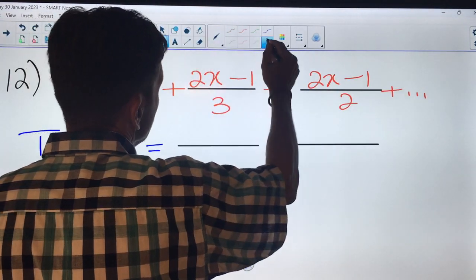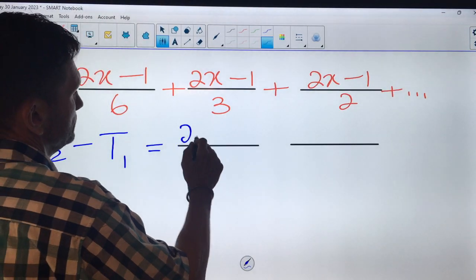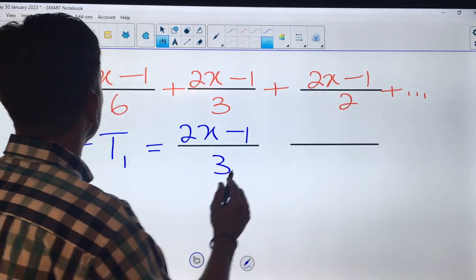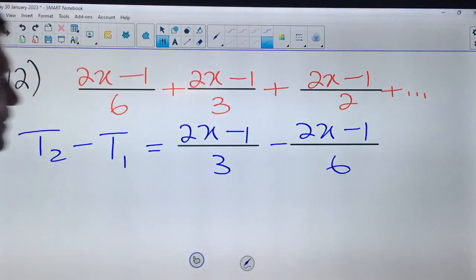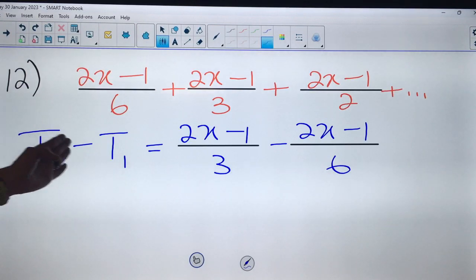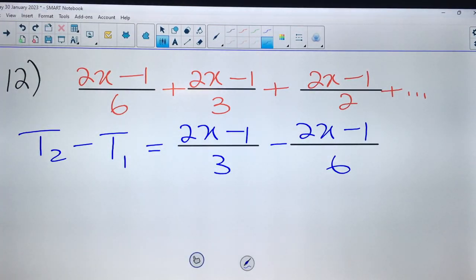I'm sure you can see why you can't use the calculator. The unknown is the issue. So can you see what I've done here? It is T2 minus T1. If you have to prove that something is an AS, it is T2 minus T1, get a value. T3 minus T2, get a value. They must be the same in the end.